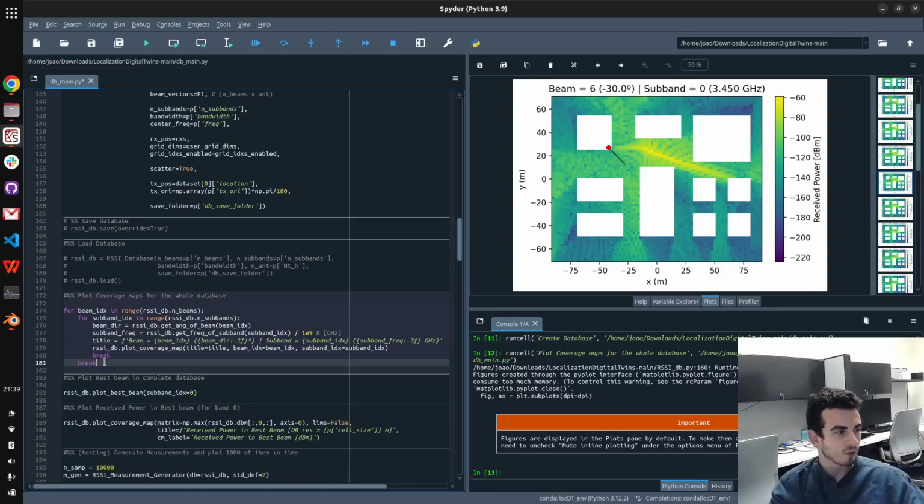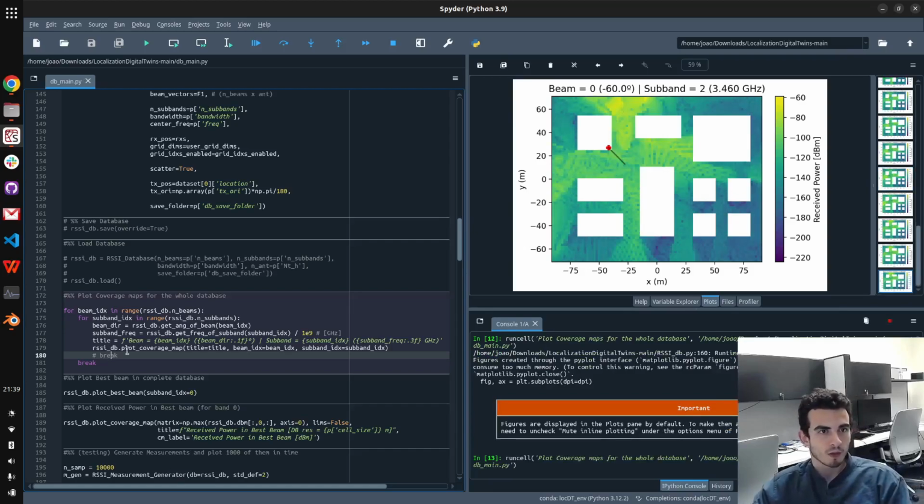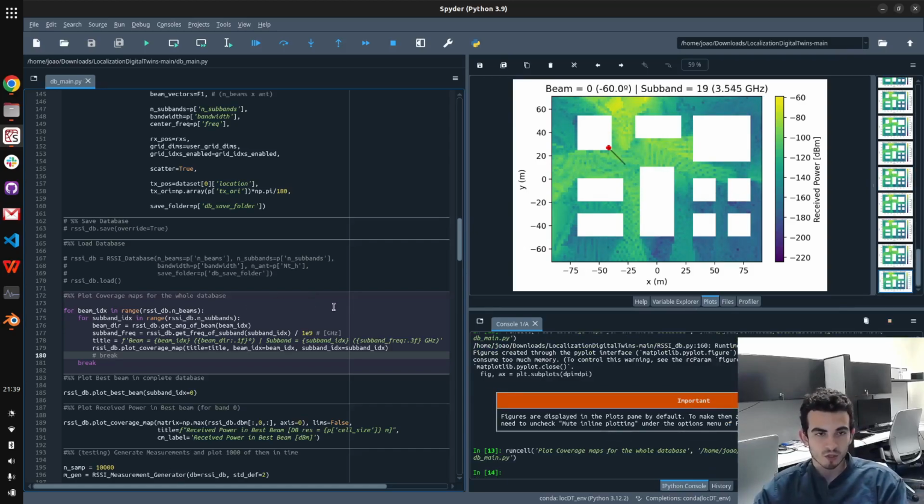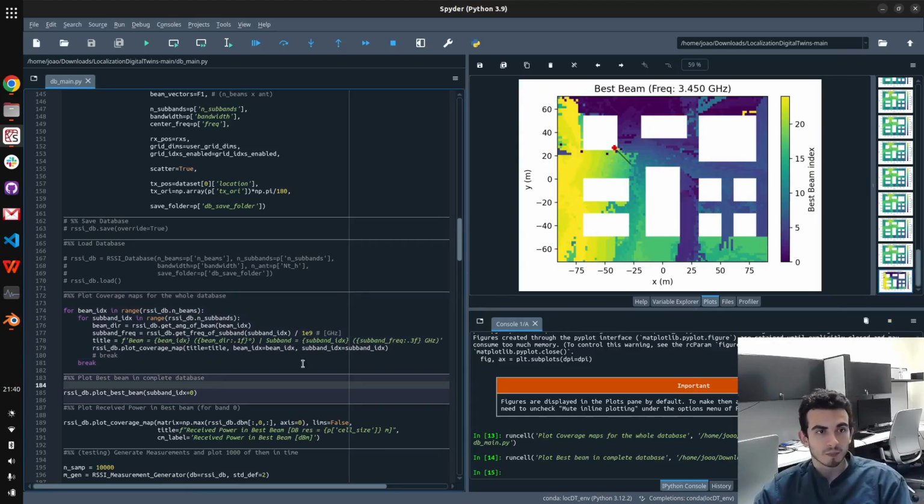And we can do the same for the band. You see it changes much less, but it still oscillates, and it still provides helpful information. Now, if we want to check which beam is the best in each position, we see a progression in the line of sight part.